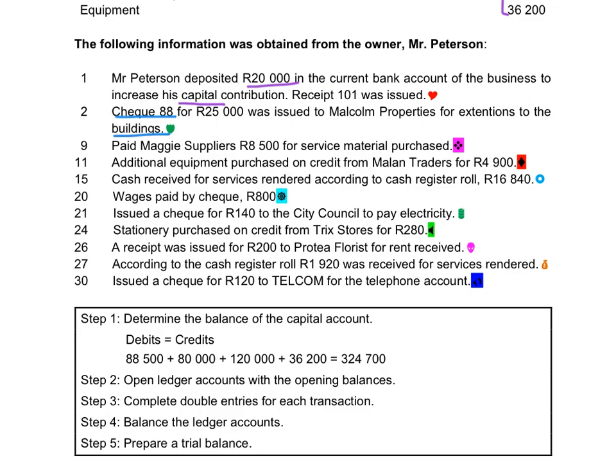Paid Maggie suppliers 8,500 for service material purchase. We paid money, so the one entry will be in the bank. We purchased service material that we will use in the business, so materials will be the double entry.